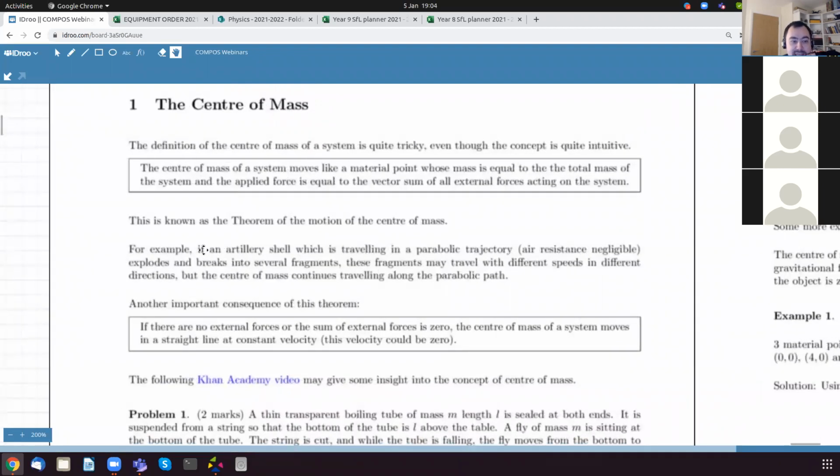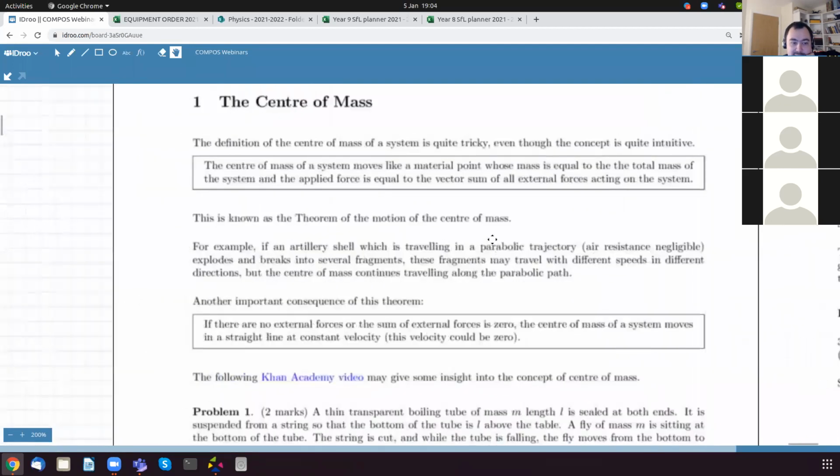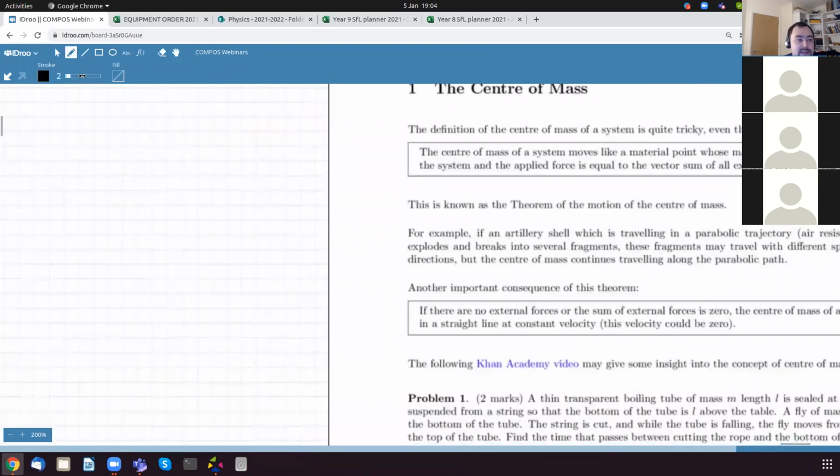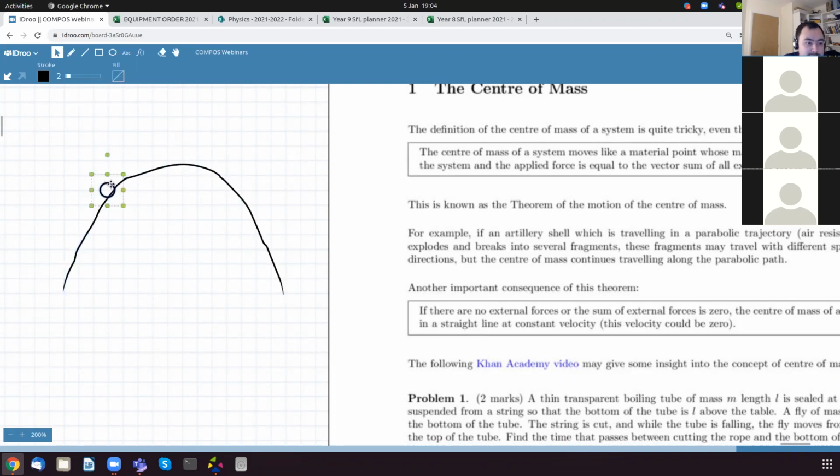So, for example, let's have a look at an artillery shell, which is traveling along a parabolic trajectory like this. And it breaks down into several fragments, breaks into several pieces.